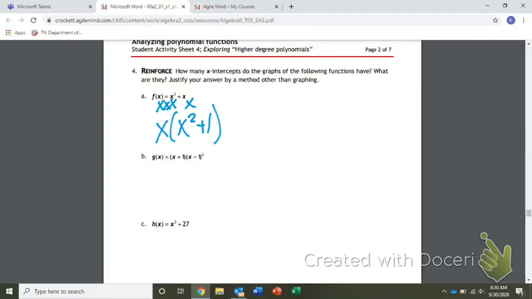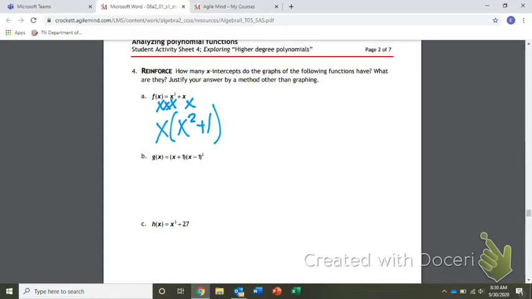So now we've got an x and a set of parentheses. So we want to do some solving.